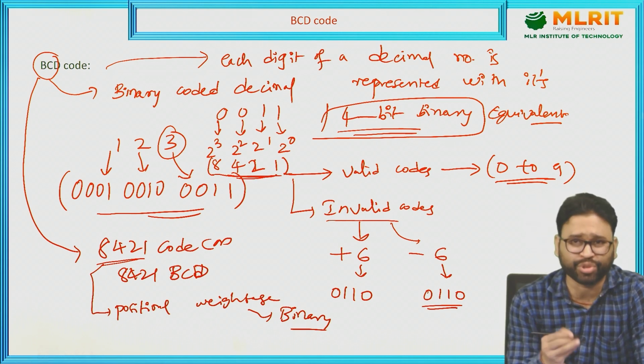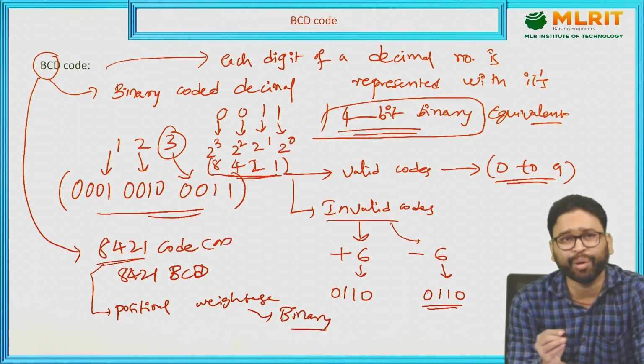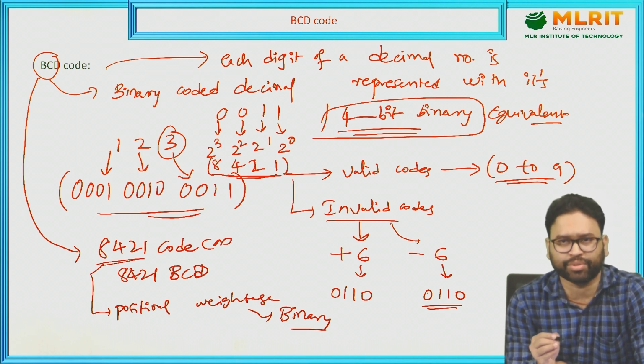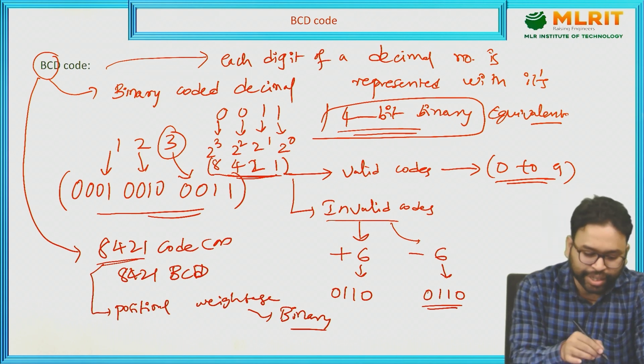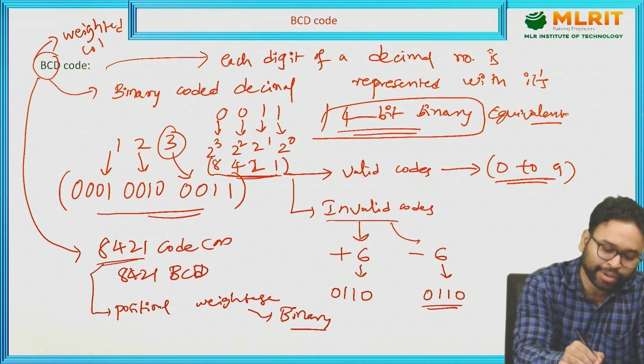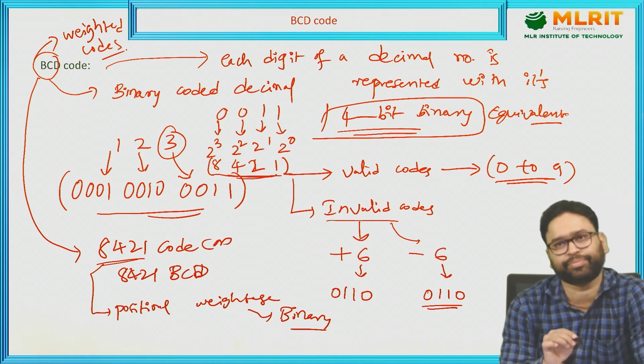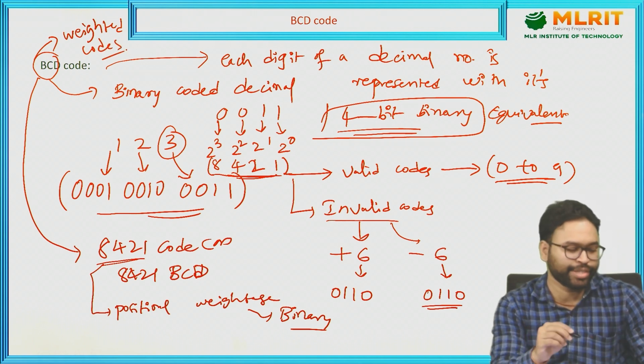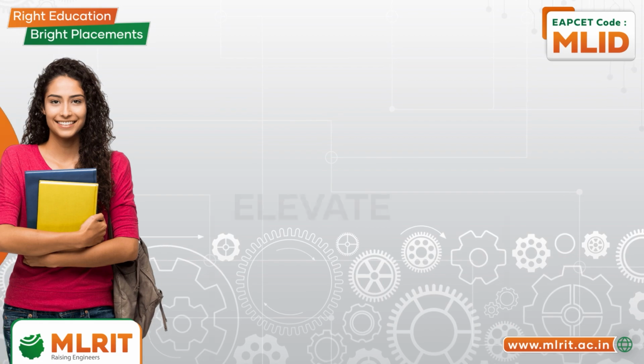Depending on its positional weightage, it is named 8421 code. That's why this comes under weighted codes.